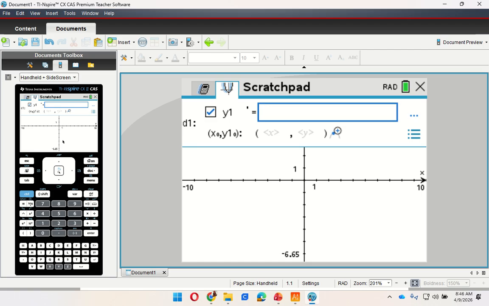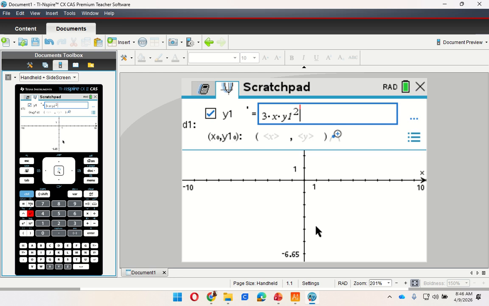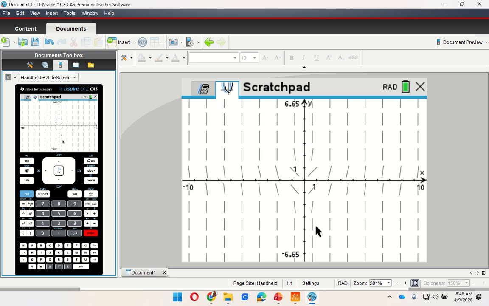The original, which was 3, and then you do times x, times y1. Why y1? Because that's the one we're using, right? That y1 is squared. Enter.